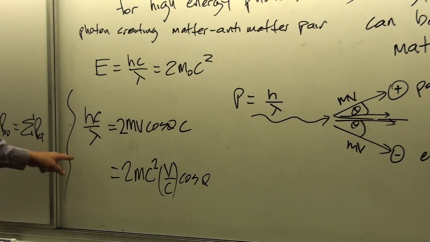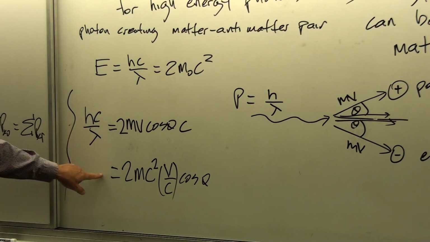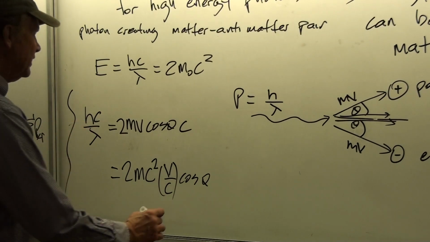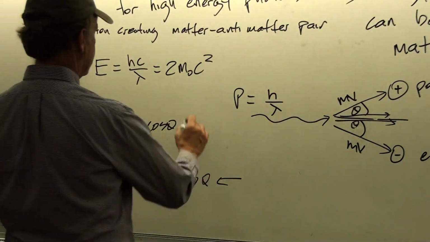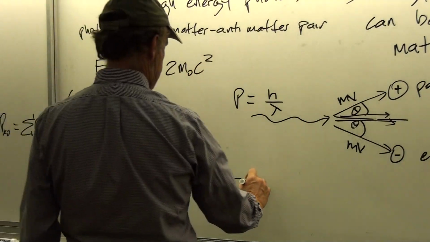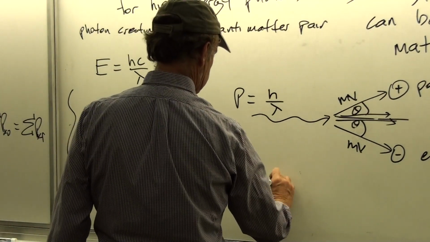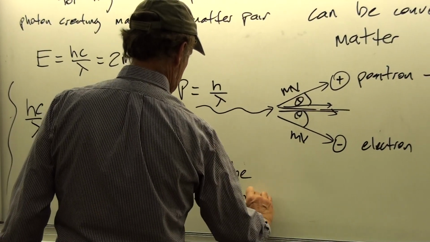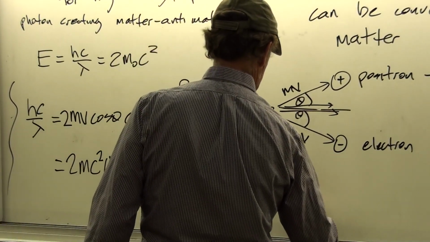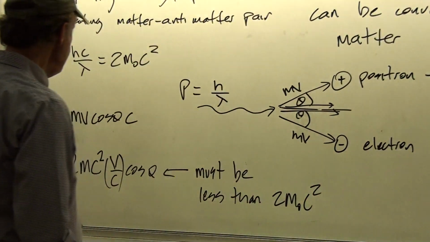Okay, but we can see now that this expression, which is an expression for the energy, must be less than 2 mc squared, which is the energy. Why?